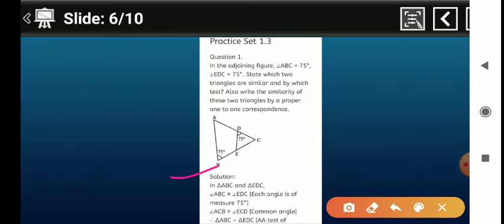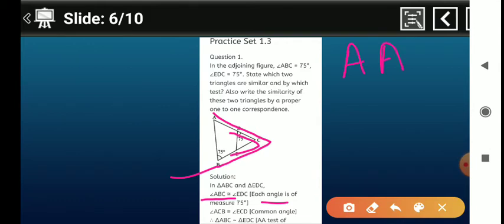Solution: in triangle ABC and triangle EDC, angle ABC is congruent with angle EDC because each is given as a measure of 75 degrees, that is angle B and angle D. Then angle ACB is congruent with angle ECD, because it is a common angle in both triangles. So the reason is the common angle of two triangles, and therefore we get the AA test of similarity.